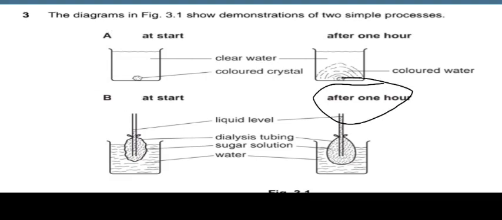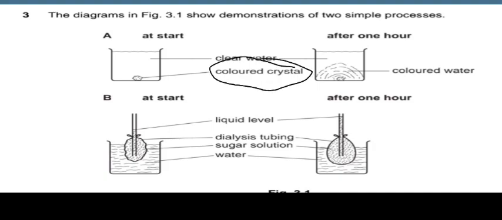As you can see here, we have a colored crystal inside here, then after 1 hour, it has spread at the bottom here. Here we are having fewer liquids in the Visking tube or dialysis tubing. Then after 1 hour, the dialysis tubing has increased in size.